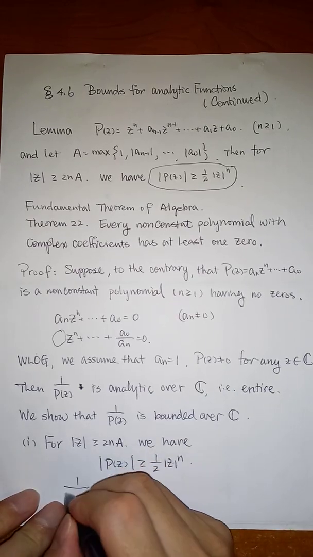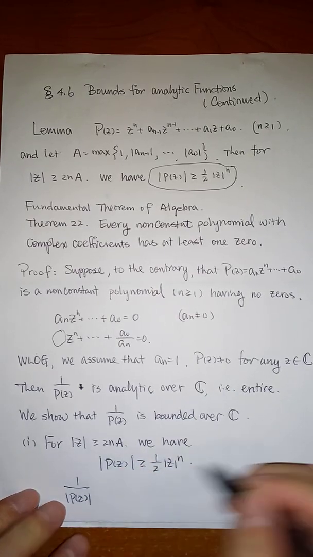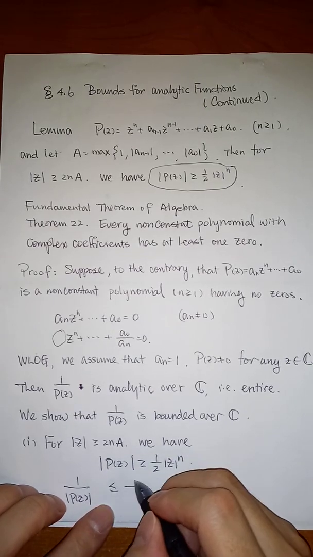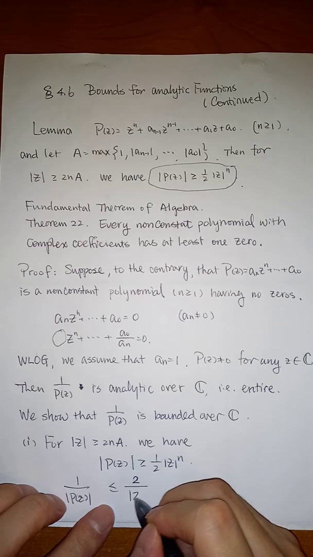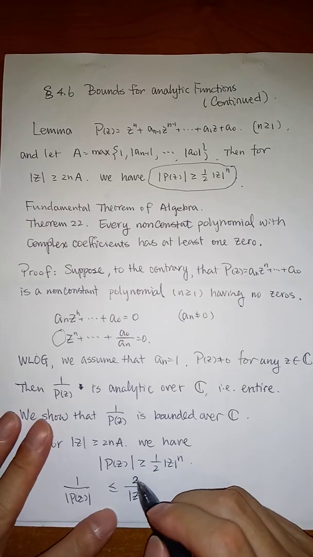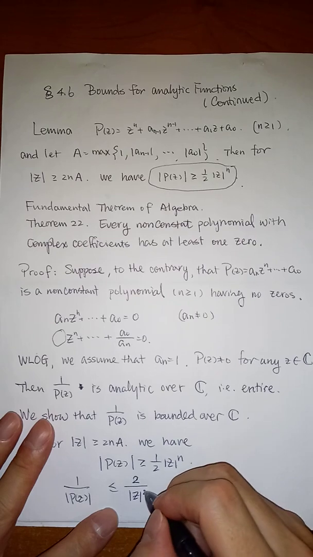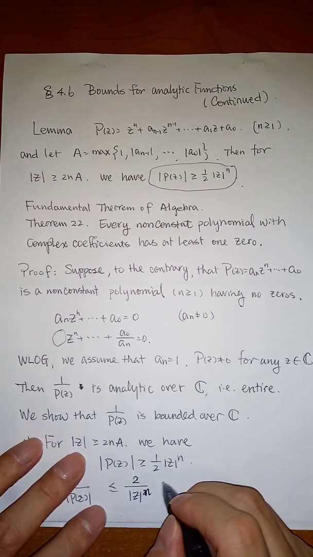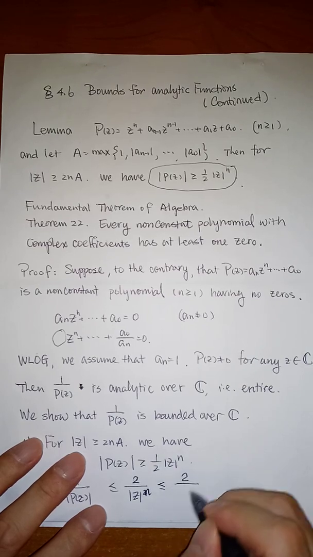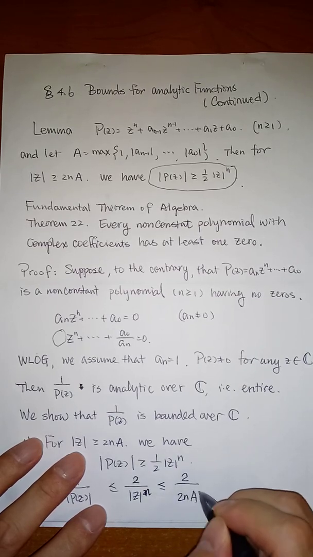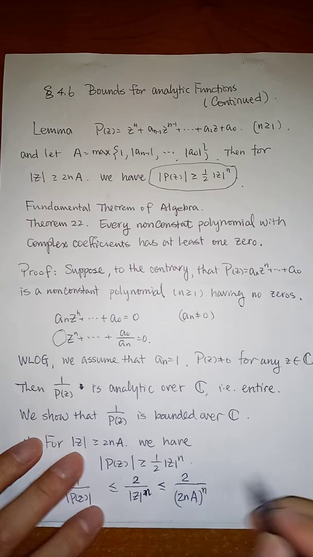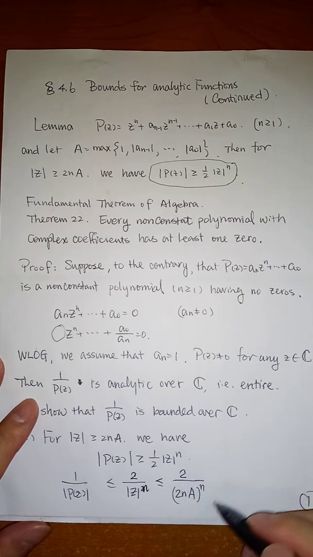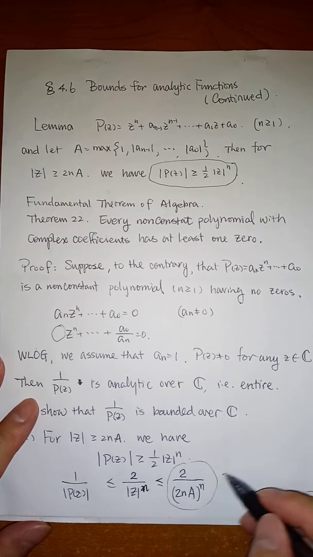So the absolute value of 1 over p of z is going to be less than or equal to 2 over the absolute value of z to the n, and since z is greater than this, it's less than or equal to 2 over (2nA) to the nth power. It doesn't matter what expression you have, this is a fixed number.